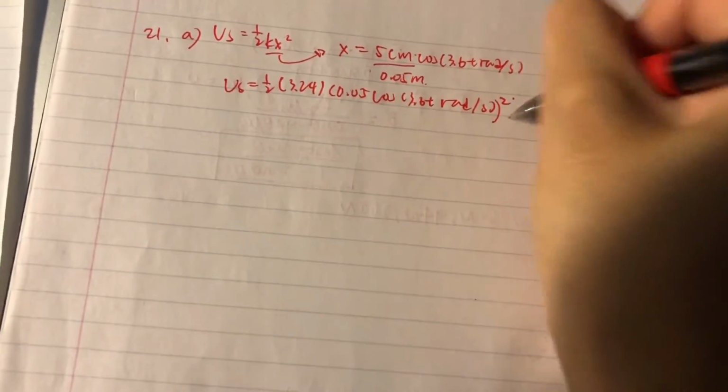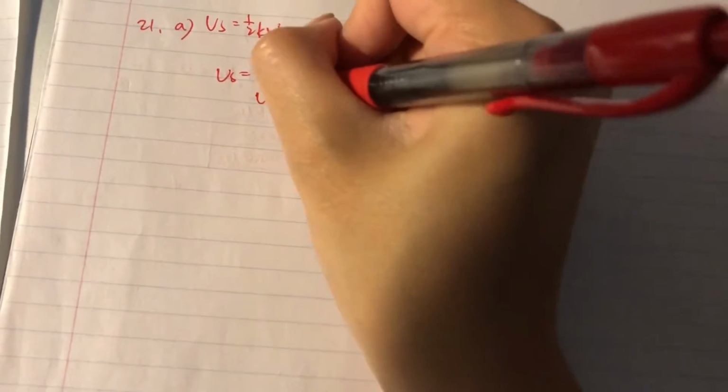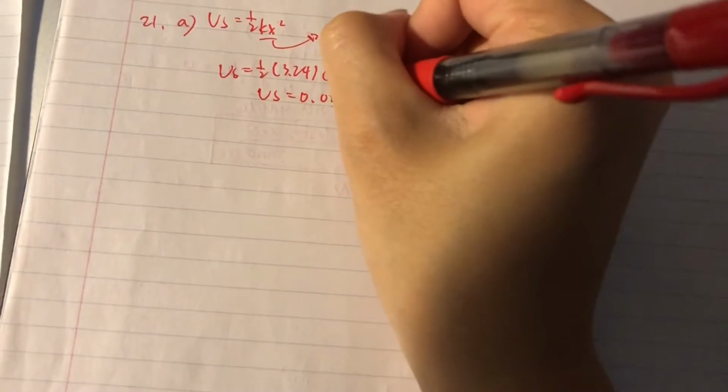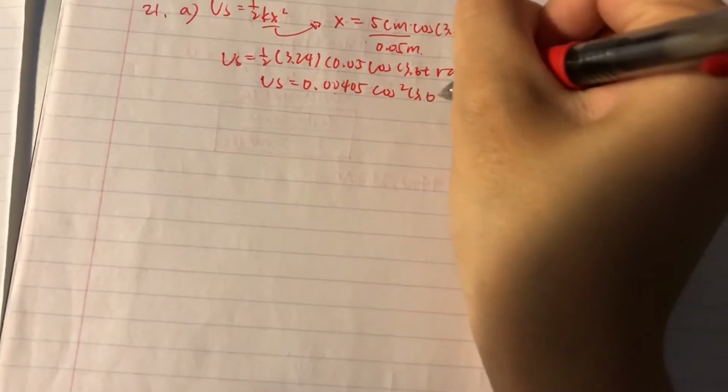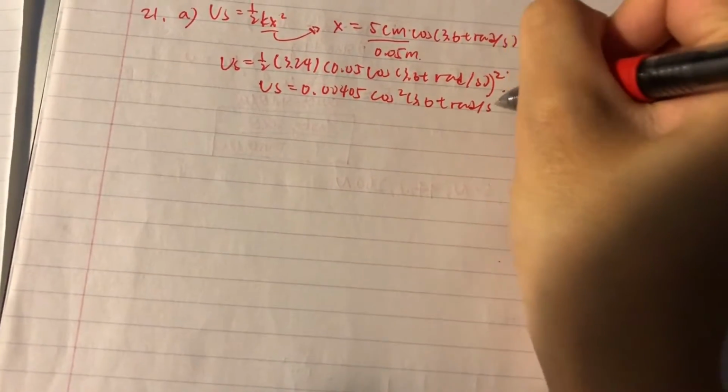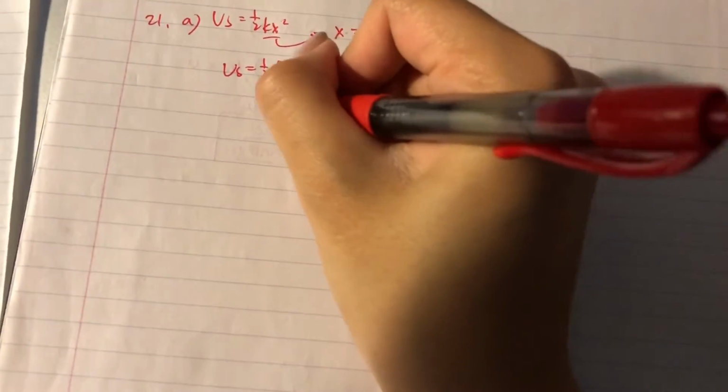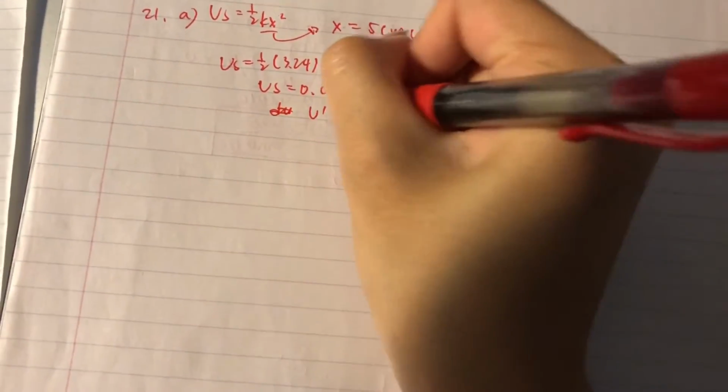Then we can use our calculator to calculate the whole constant, which is 1/2 times 3.24 times 0.05 squared, which is equal to 0.00405. Just for writing purposes, I dropped all the units.